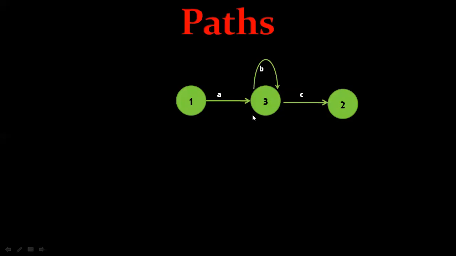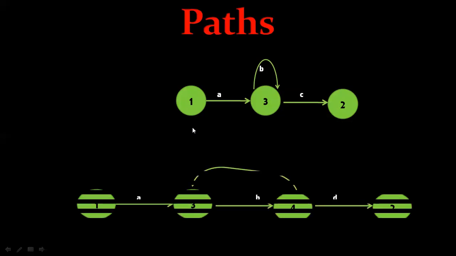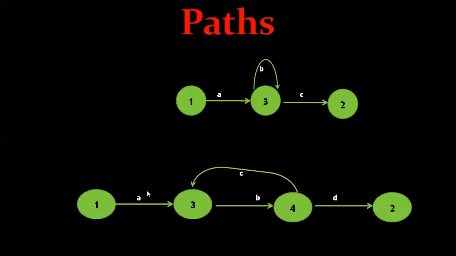In this picture, A, B, D is one path, A, B, C, D is one path, A, B, C, C, B, D is one path, and A, B, C, C, C, B, D is another path. Here C, B will be continuously repeating, starting with A and ending with D. So these are all the different paths we can see.